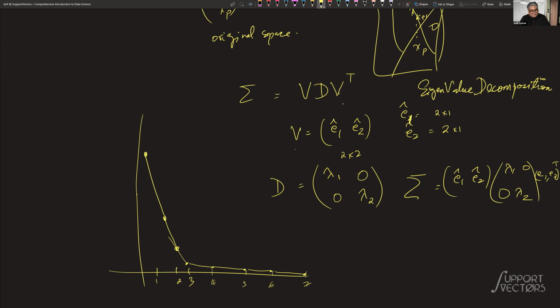Maybe 3, right? 2 or 3. So see, at 3, you get the elbow. After that, you reach a point of diminishing returns. You're not losing much by throwing away the rest of the things.